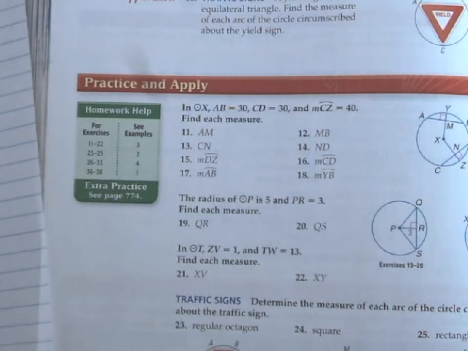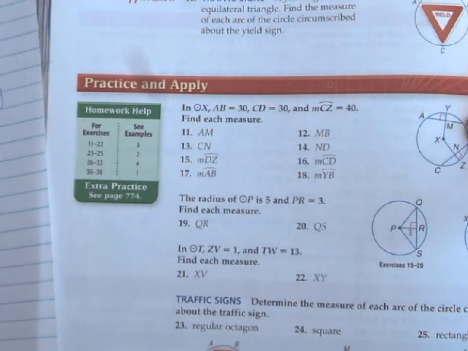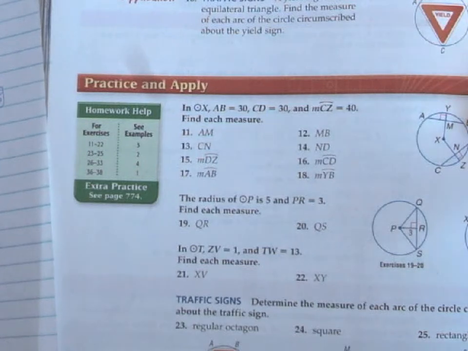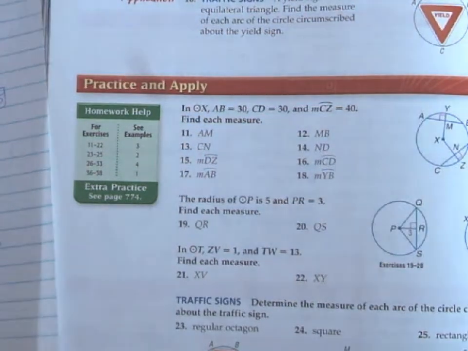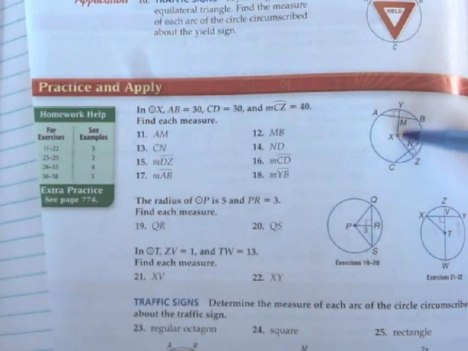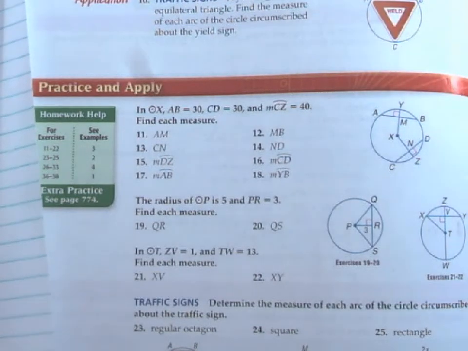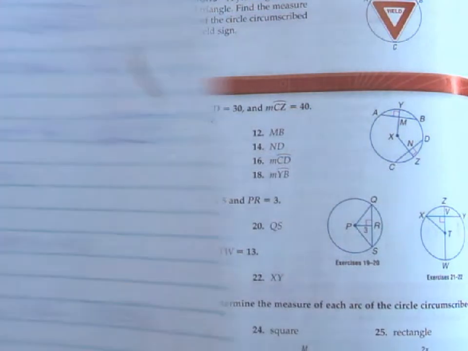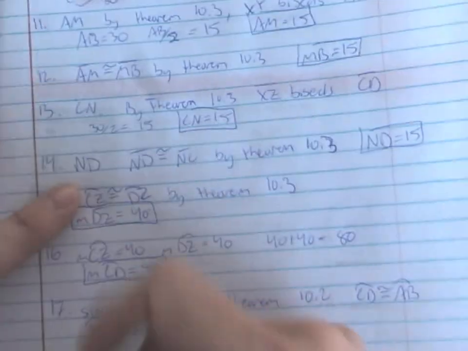18, measure of YB. Now YB is an arc that we're looking to find, which is half of AB. We know it's half because XY bisects arc AB, and that's theorem 10.3. So let's write that out.